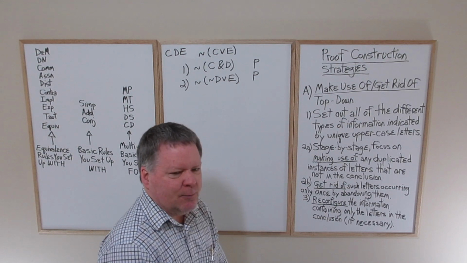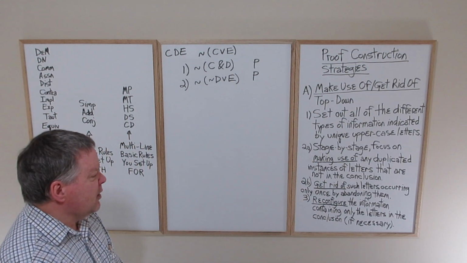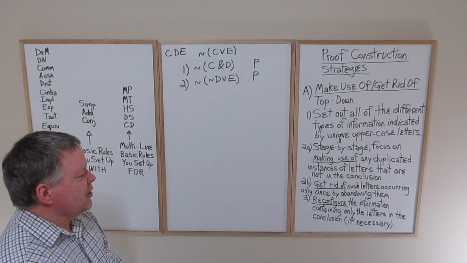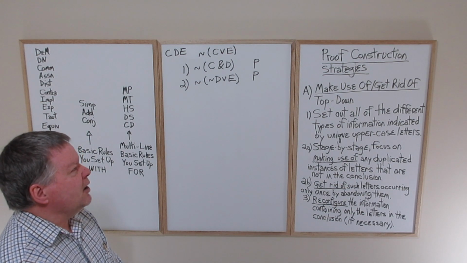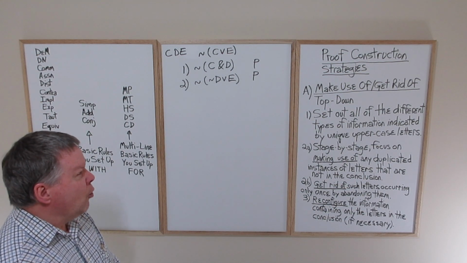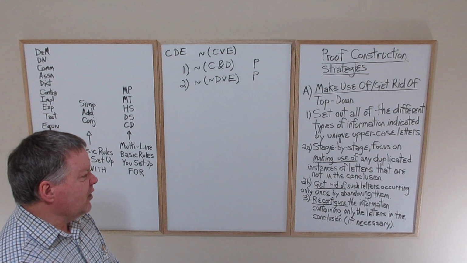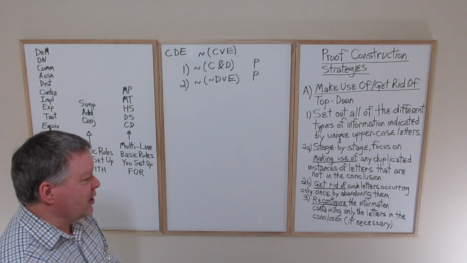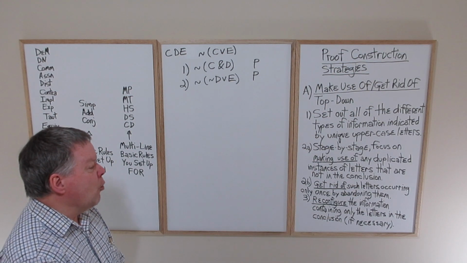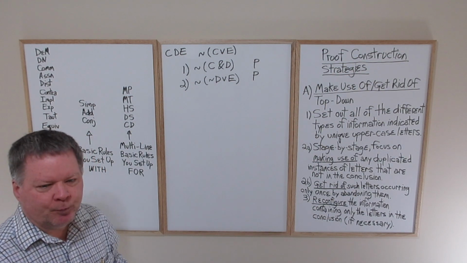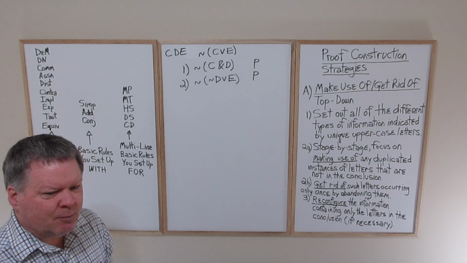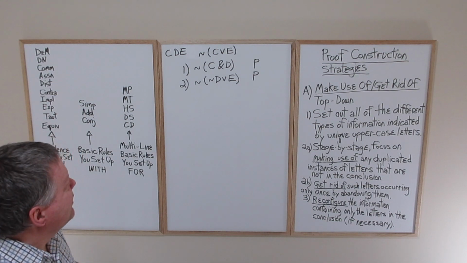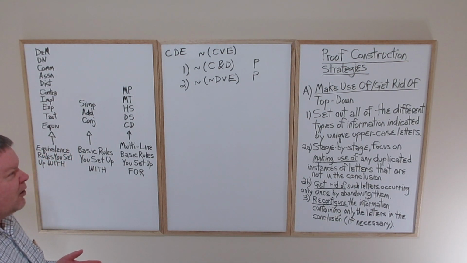And finally, in many situations, once we've arrived at information containing only the letters in the assigned conclusion, we may have to reconfigure the information containing only letters in the conclusion. So it's very important to, in the background, be aware of the big picture, of exactly what you're up to in the proof.